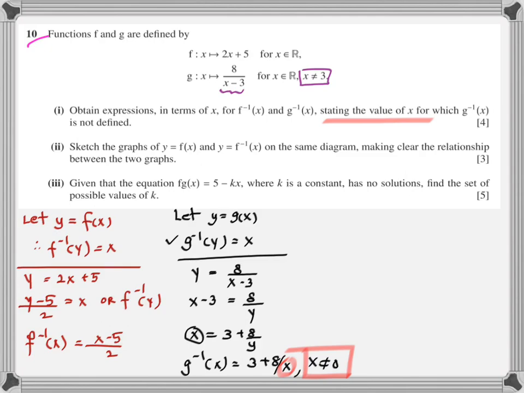Sketch the graph of y equals f of x and y equals f inverse x on the same diagram, making clear the relationship between the two graphs. We know, without even drawing, the relationship between a function and its inverse. It could be a straight line function or a quadratic function; of course, it has to be a one-to-one function. It could be a log, trig or exponential function, which you will study in A-level second year.